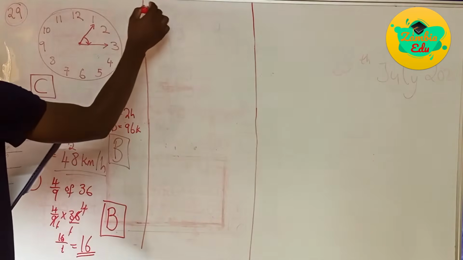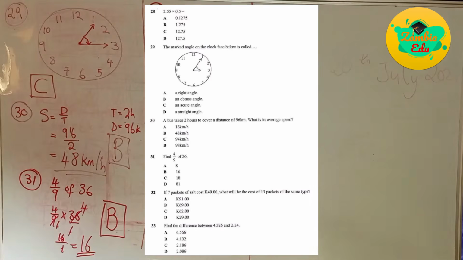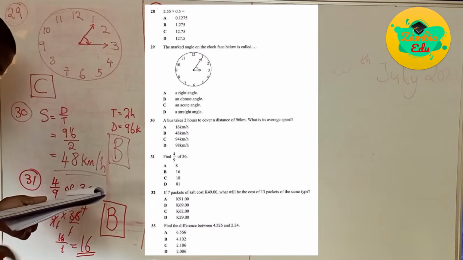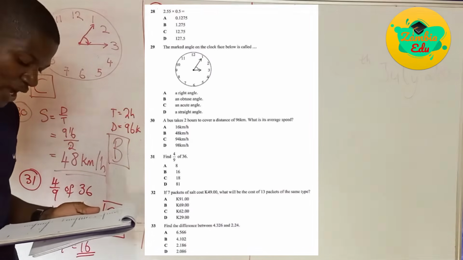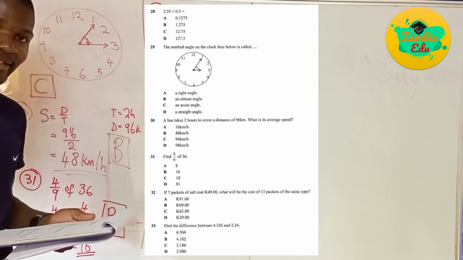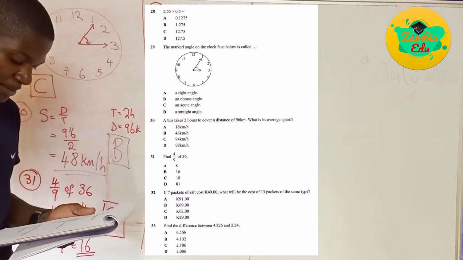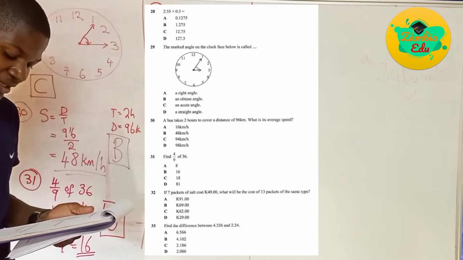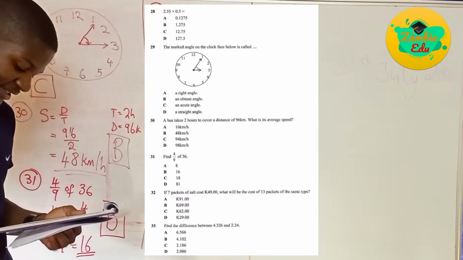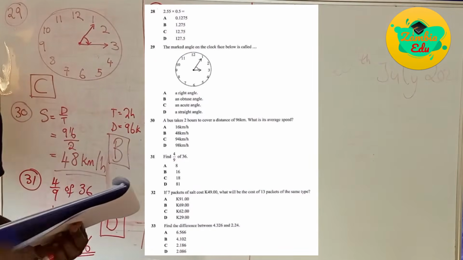So we go to 32 now. Question 32 reads, if 7 packets of salt cost 49 kwacha, what would be the cost of 13 packets of the same type of salt? For us to be able to do that, there are 2 ways which I'm going to show you.